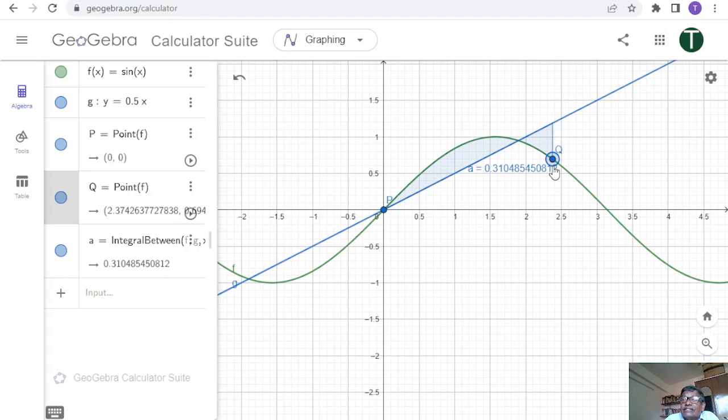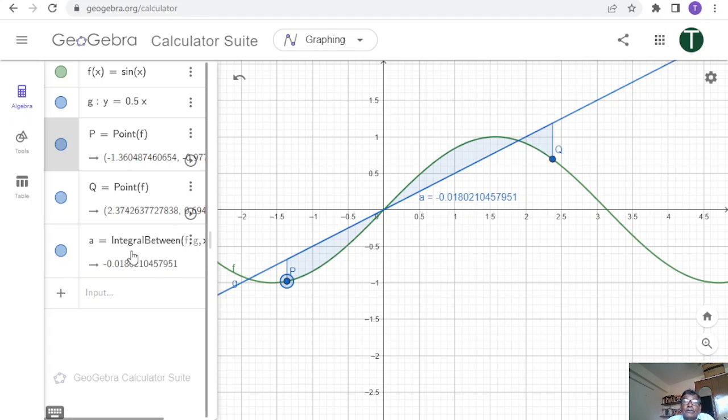So g is greater than f. That's why this area is negative. So this area, whatever it was there, minus this. You can easily verify that. And you can put it here, wherever you like, and your net value of this integral will be displayed. So I think you have got the idea of integrating a curve.